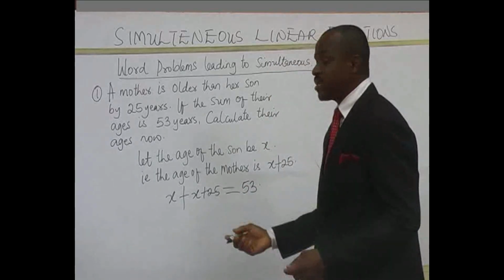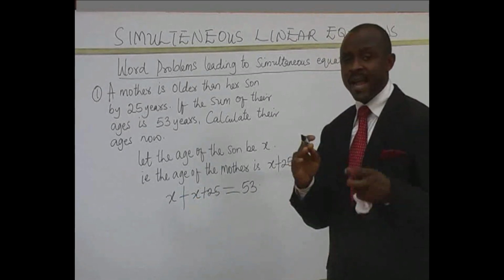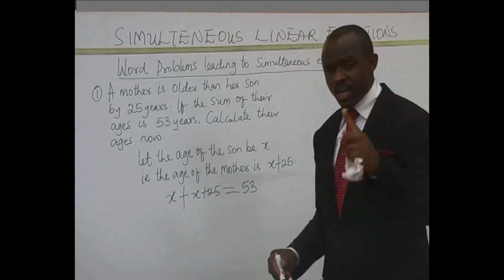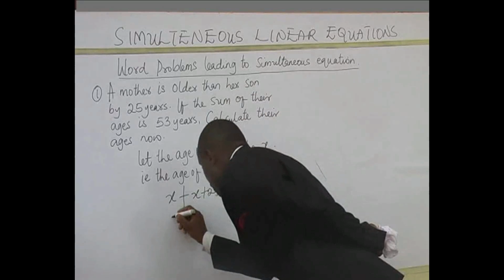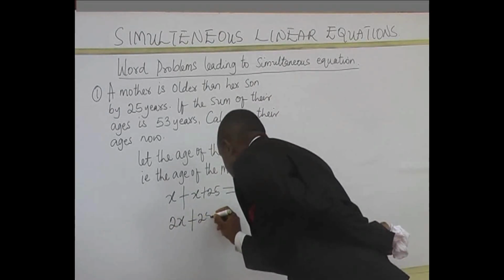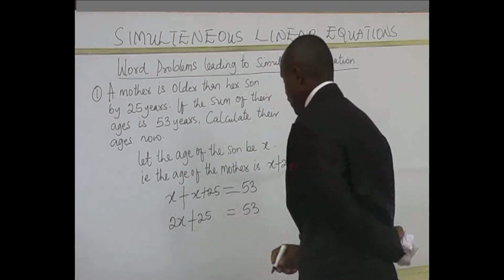You have drawn your mathematical statement. So from here, we can find X. And when you find X, add 25 to it, you get the age of the mother. X plus X will give you 2X plus 25 equals 53.